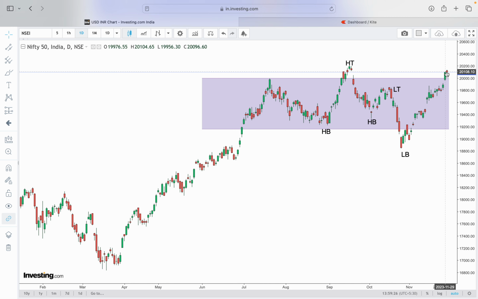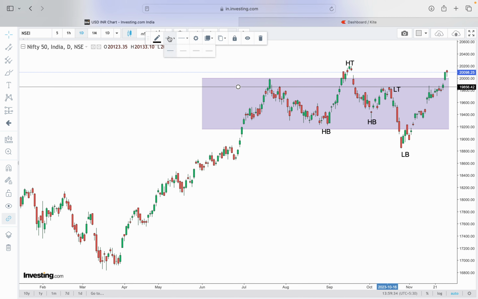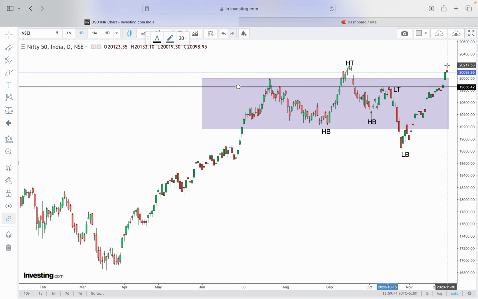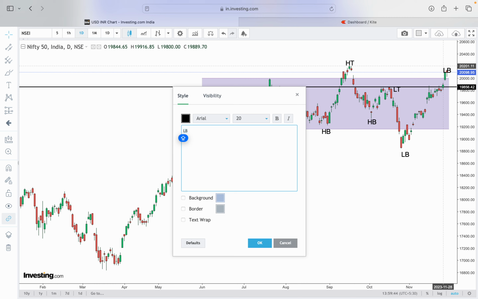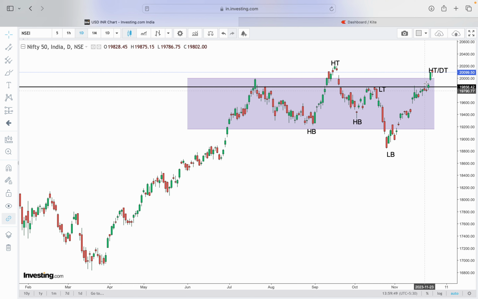Because since we can see from the point of previous lower bottom that is created, it is clear that even if Nifty were to reverse from this, then from the reference point of this lower top, I will just mark this in black color and I will make it slightly more bold, Nifty has certainly gone on to create a higher top, and structurally this higher top has become a double top, which means there is no ambiguity that the market is still in a range, and if it is in a range, it generally implies that it is critical for us to have both long as well as short positions on the market.